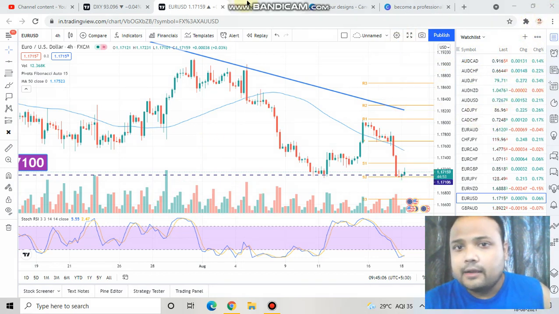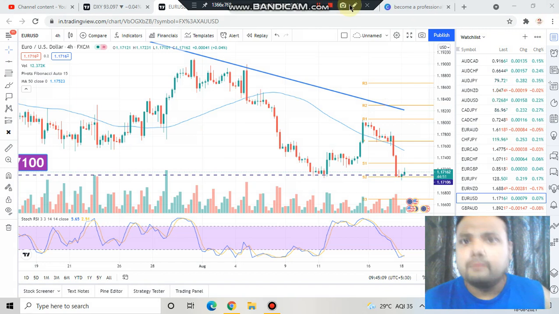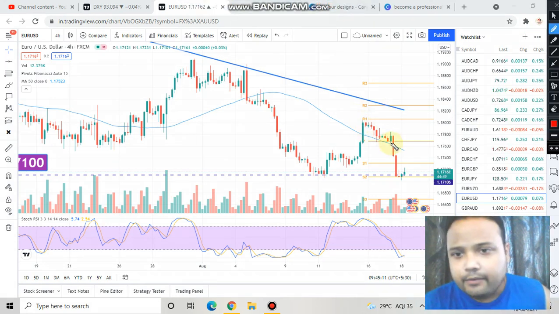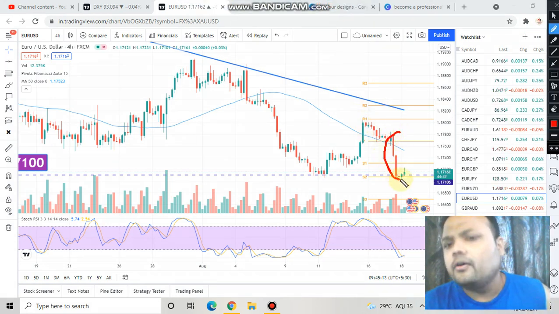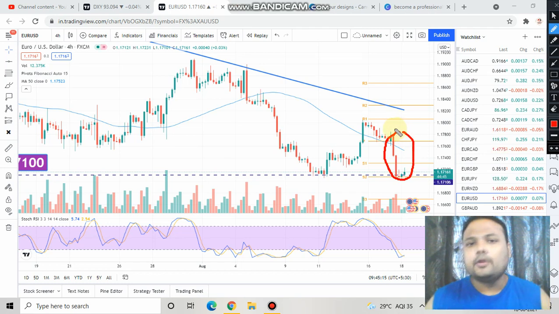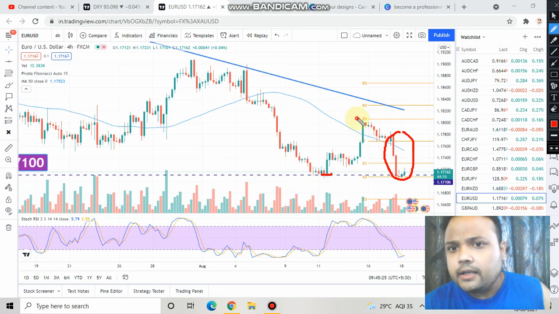And one more reason for suggesting you not to take heavy position is that there was a heavy fall yesterday. Therefore the number of sellers is still quite higher in comparison to the number of buyers. You can seriously try to understand the market psychology here. From here till here, it took around 15 to 20 candles to reach this level.